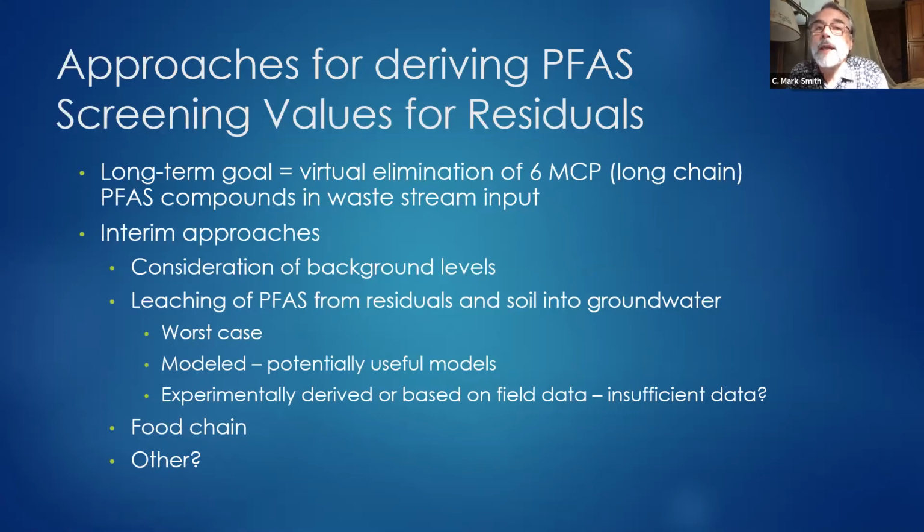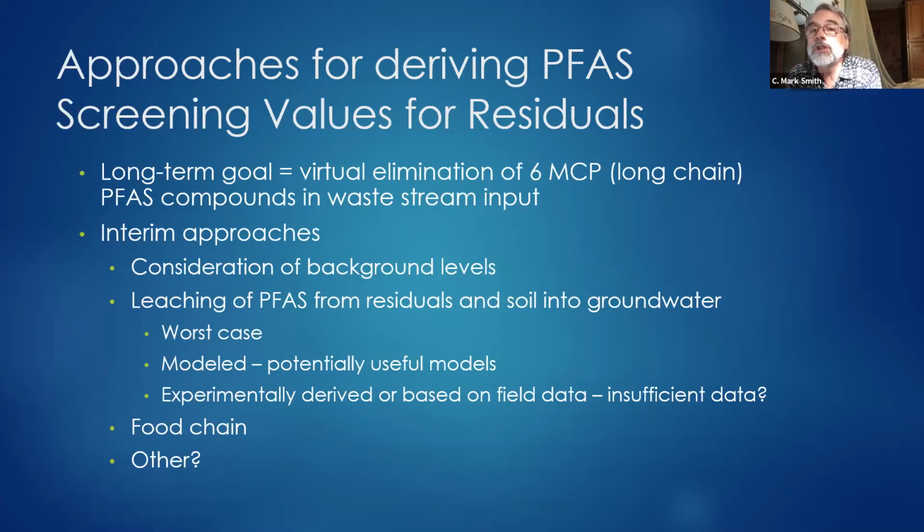We're also looking at leaching of PFAS from residuals with a particular concern about leaching from the soils to groundwater that is used or potentially used as drinking water. Because we do know that in situations where drinking water supplies are contaminated with these PFAS compounds, that can then become a major pathway of exposure.